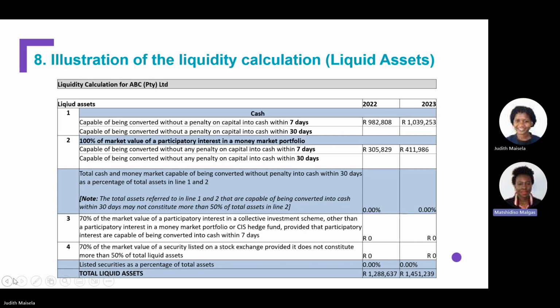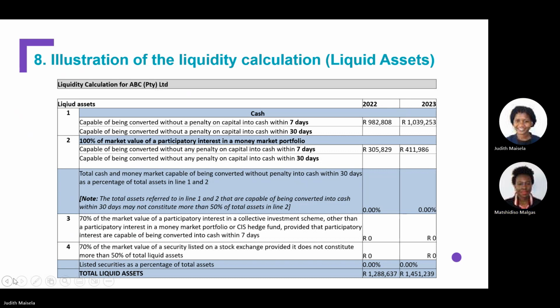Row 3, what is also considered to be liquid assets is 70% of the market value of a participatory interest in a CIS other than a participatory interest in a money market portfolio. As stated above, those are included at 100% market value.